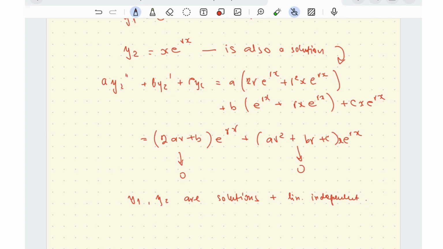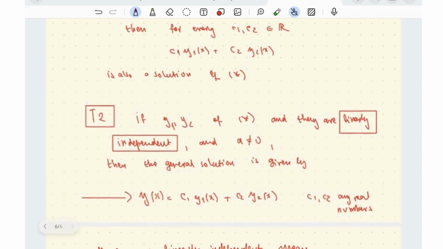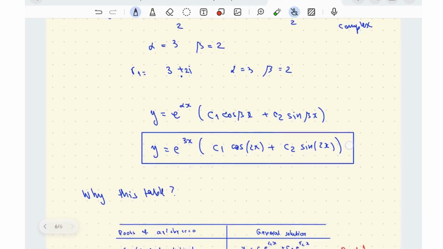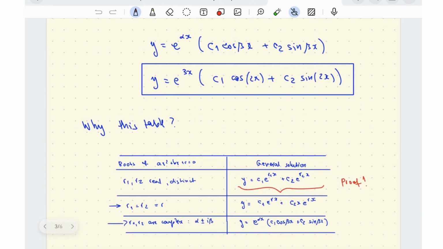Therefore the general solution is c1 e to the power rx plus c2 x e to the power rx. Well, this is the general solution. And if you go back to the table, I'll show you now, that is the second row here. So we have proven this.